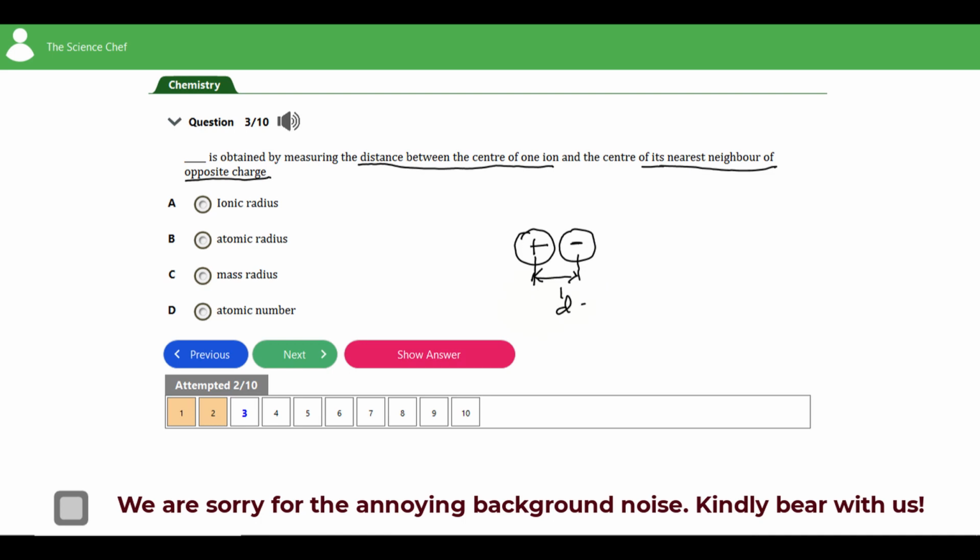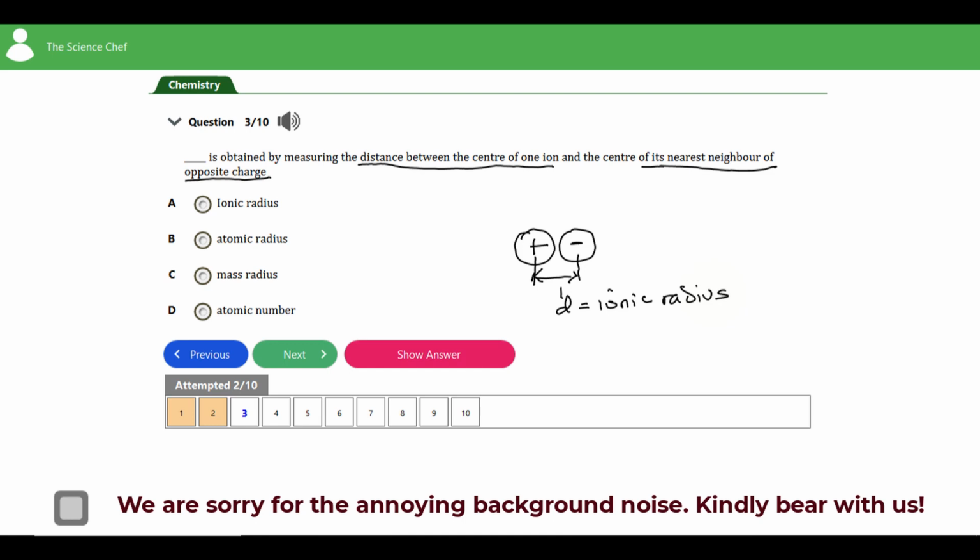And what is that called? It is called the ionic radius. That's the size of the ion, right? Now, atomic radius is simply half the distance between the centers or nuclei of two covalently bonded atoms, right? Since these ones are not covalently bonded, that's why it is called ionic radius.